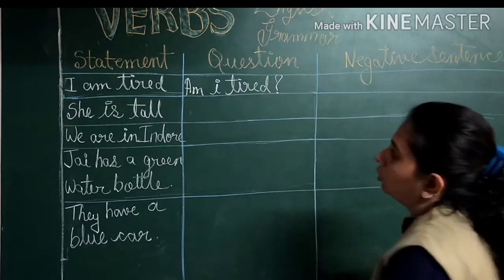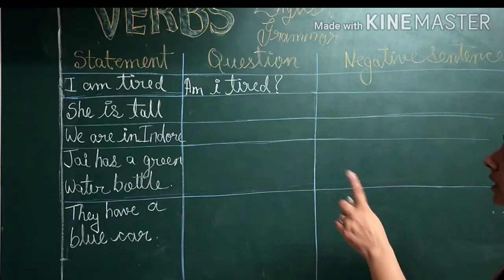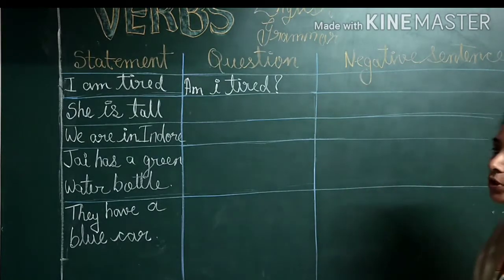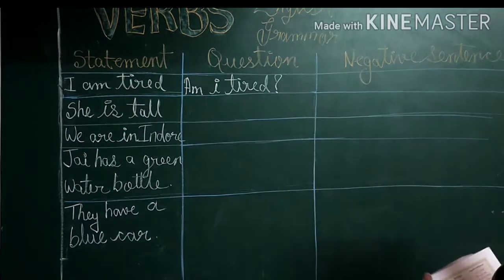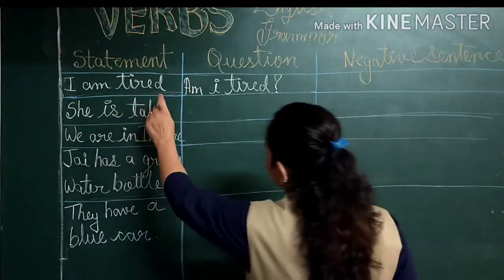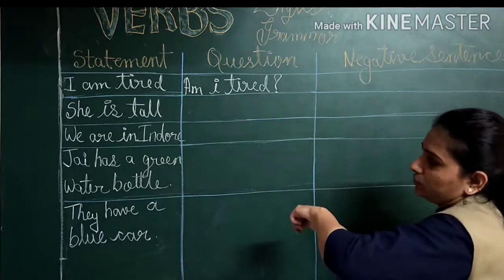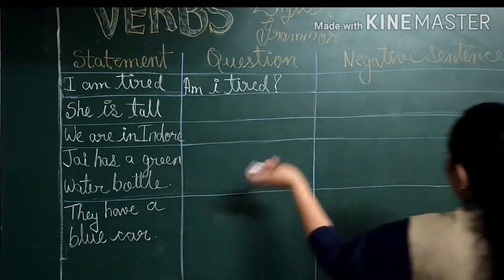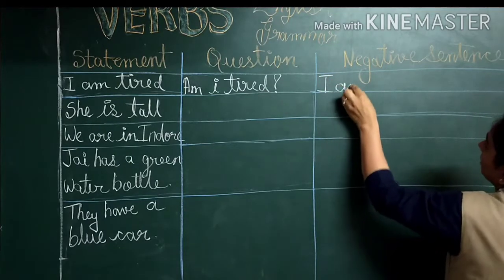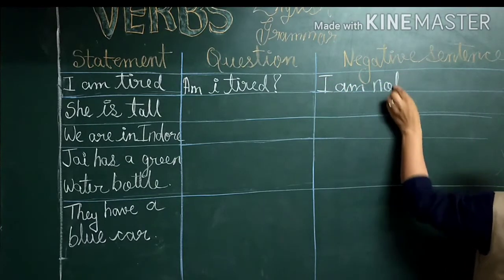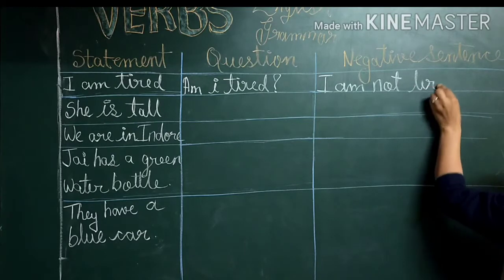Question mark. And of it we have to form a negative also. For forming the negative sentence, students, we have to write the same statement, but after the verb we have to write not. So: I am not tired.